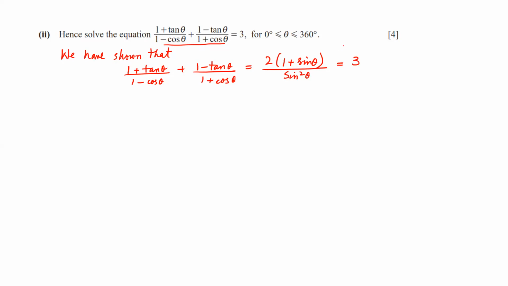So we have shown this. So what it comes out to be, it becomes 2 into (1 plus sine theta) is equal to 3 sine square of theta.